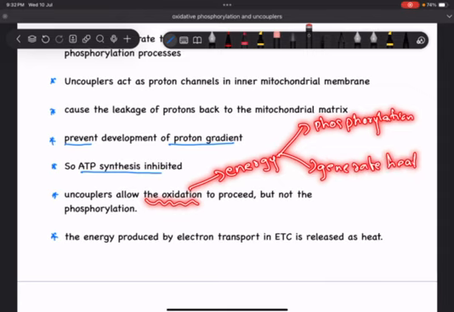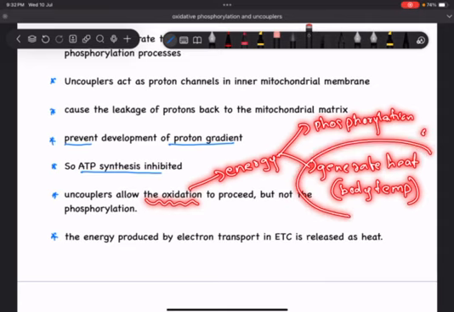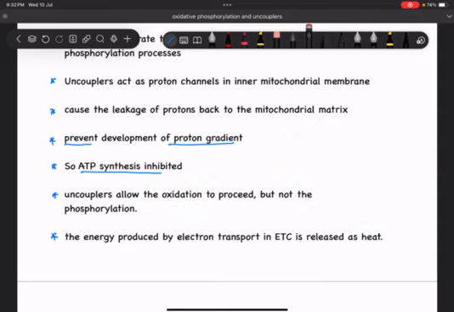This heat maintains the body temperature. Since here the energy from oxidation is only going to generate heat, the body temperature will increase, because the phosphorylation process is not taking place.